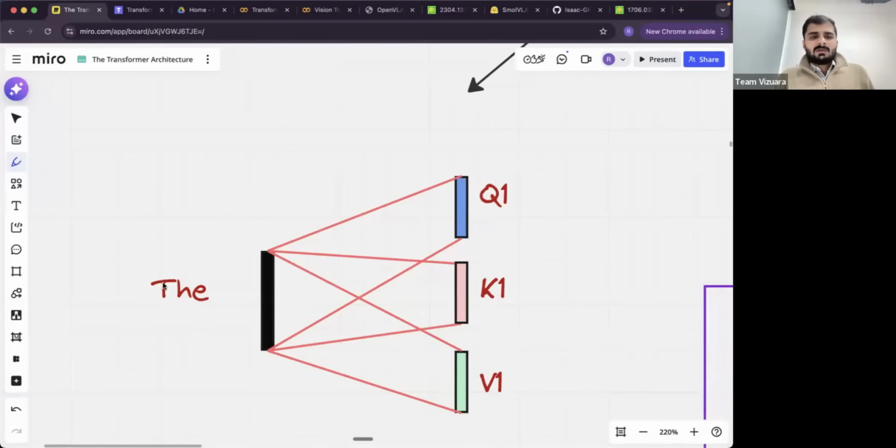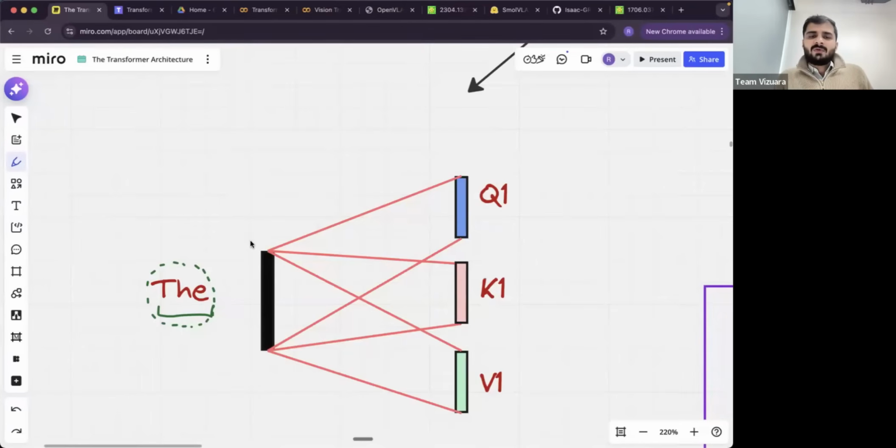Okay, so let's look at the first token, which is "the" in the sequence. We have the embedding already created, so now we are talking about further processing that input embedding. The input embedding is represented by this black rectangle. In our example, this has 3 dimensions because it becomes easy for us to visualize a 3D vector.